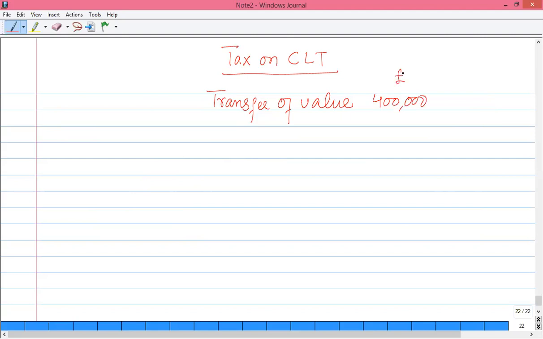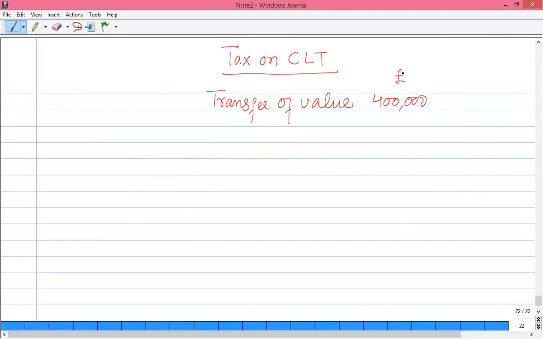Now let's discuss the tax on CLT, that is lifetime tax on CLT. In order to calculate tax on CLT, first of all, we will identify any transfer of value. Say suppose the transfer of value is 400,000 pounds.